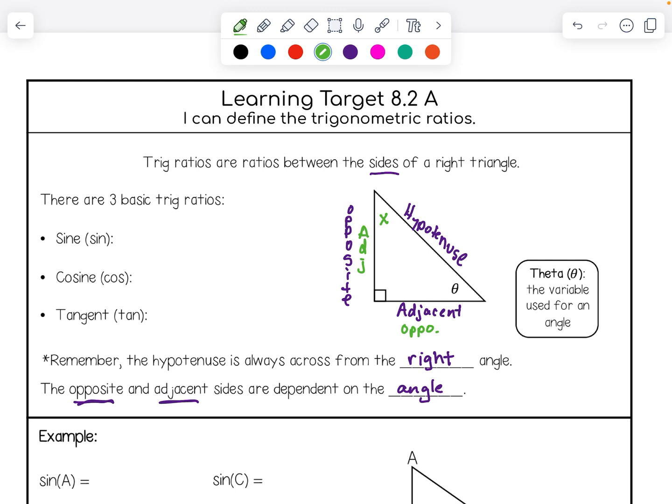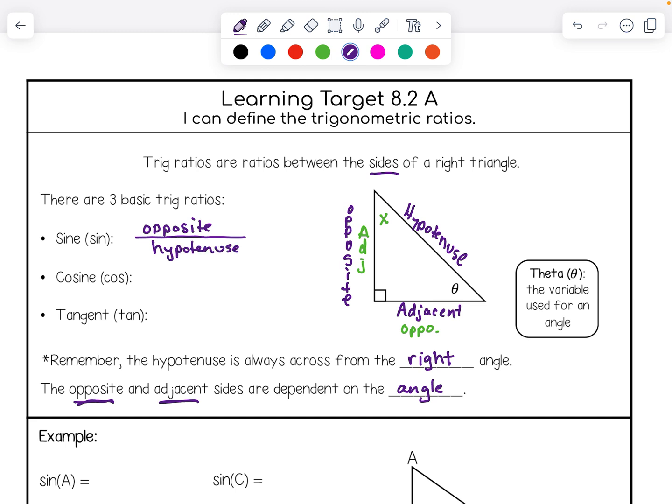Okay, here is how we remember the three ratios. We use something to help us remember this. Sine is our first ratio, and the ratio of the sine of that theta angle is a fraction. Ratio means fraction, and we're going to take the opposite side over the hypotenuse.